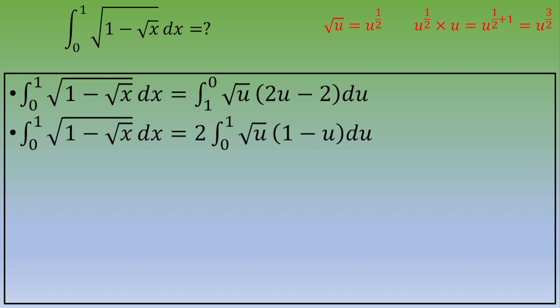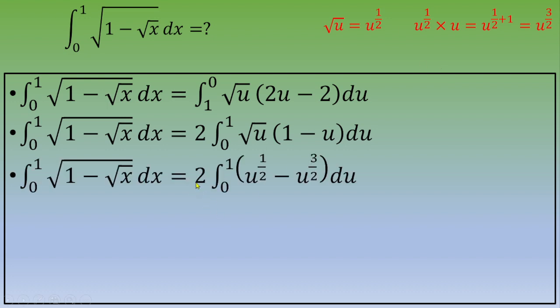So now this is 2 times the integral from 0 to 1 of (u^(1/2) minus u^(3/2)) du. So we need to find an antiderivative of these two functions.